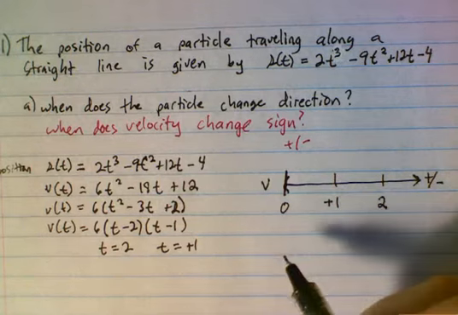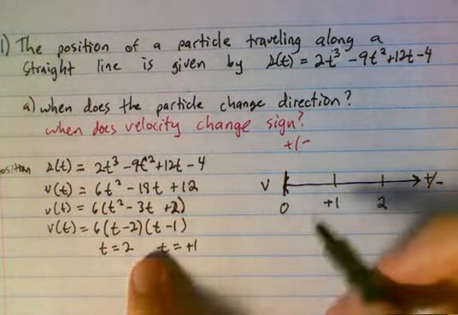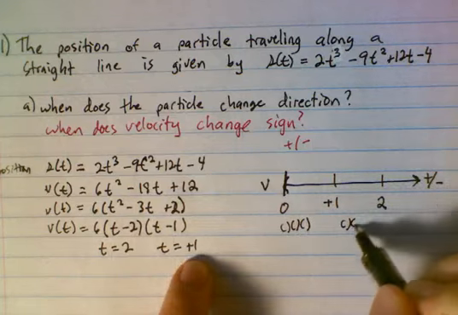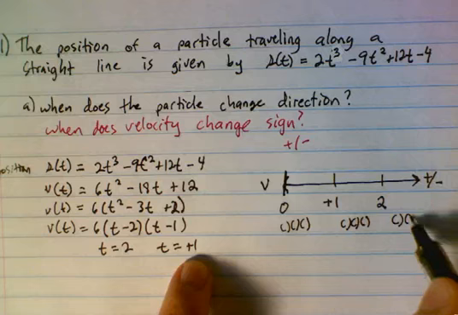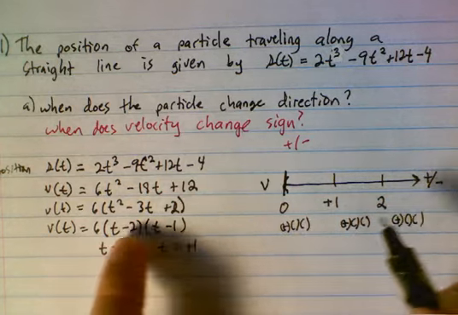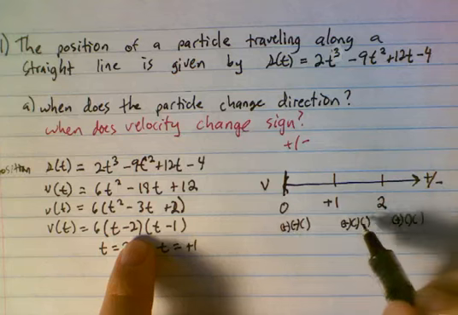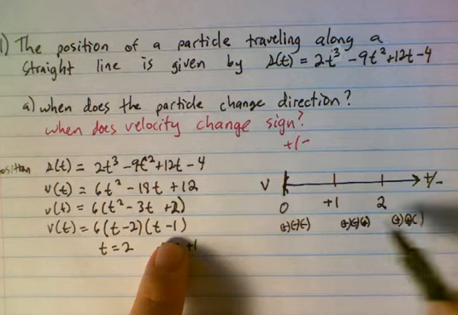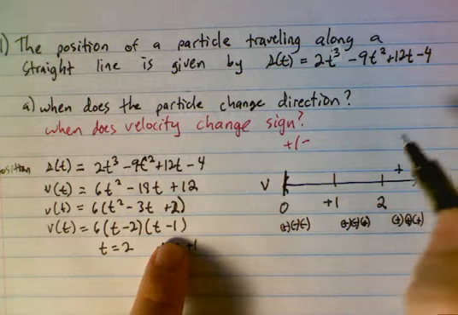And now I can look here and I can see already I've got 3 different factors here. This is always positive. This is negative until we get to 2, then it's positive. This is negative until we get to 1, then it's positive.